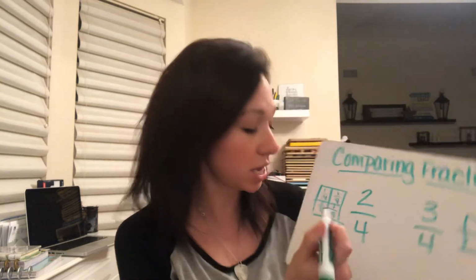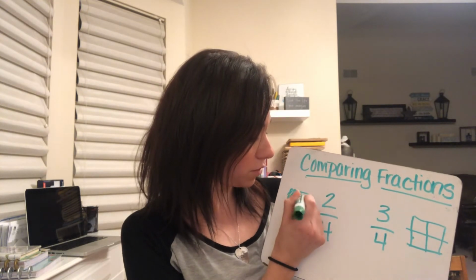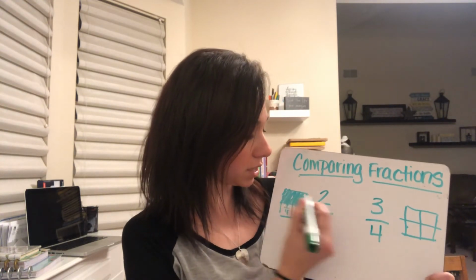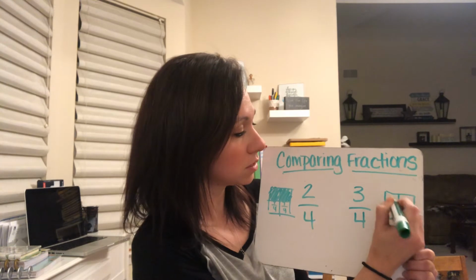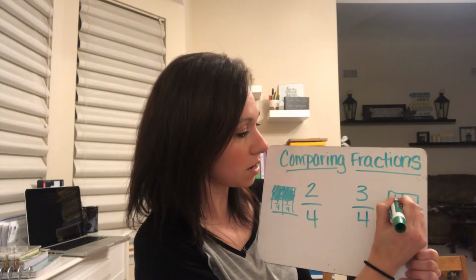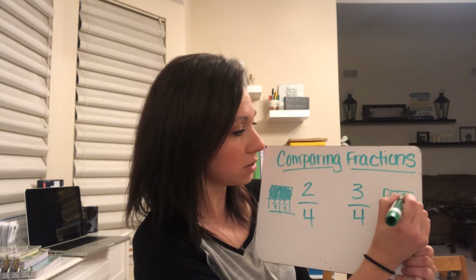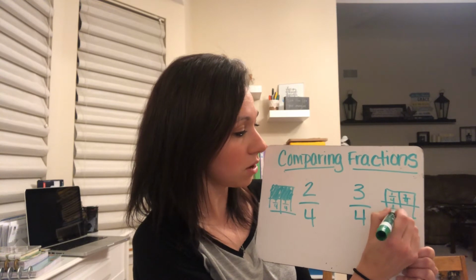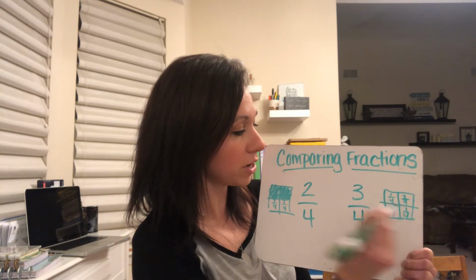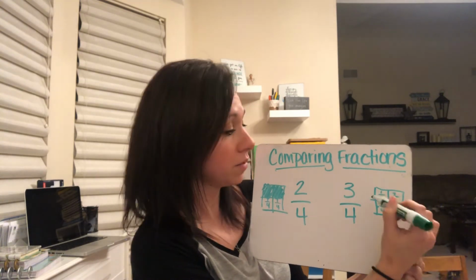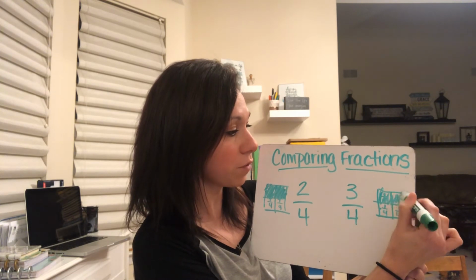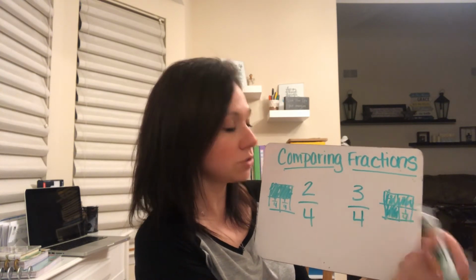And I want to shade 2 of those unit fractions in, because this fraction is worth 2/4. Over here, in this model, each piece is also worth 1/4, but my numerator tells me I want to shade in 3/4.